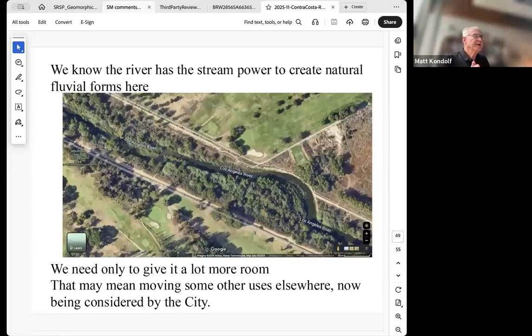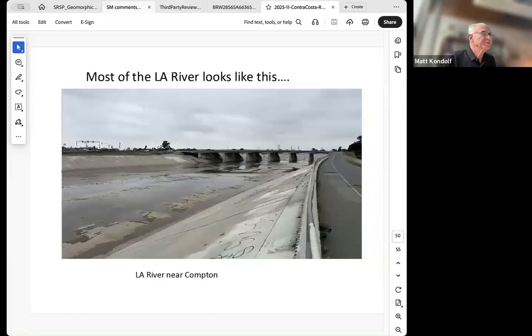Now we know that if we can give the river room, it has the energy to create its own natural forms. Here's an aerial view of the river. It's got a big meander bend here, another one upstream, that are cutting into some of the surrounding land uses. This is showing us that the river has the energy to create its meander bends.